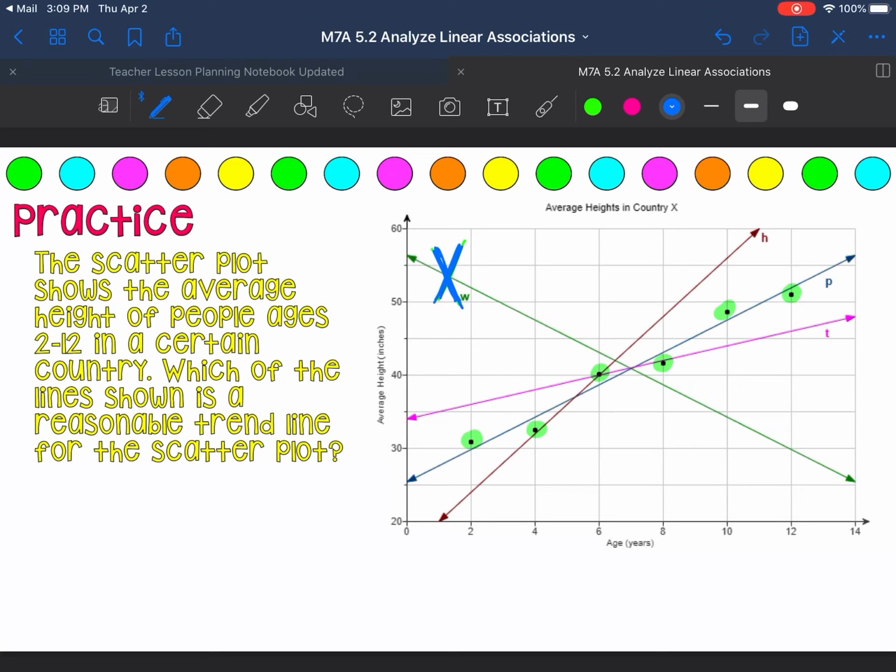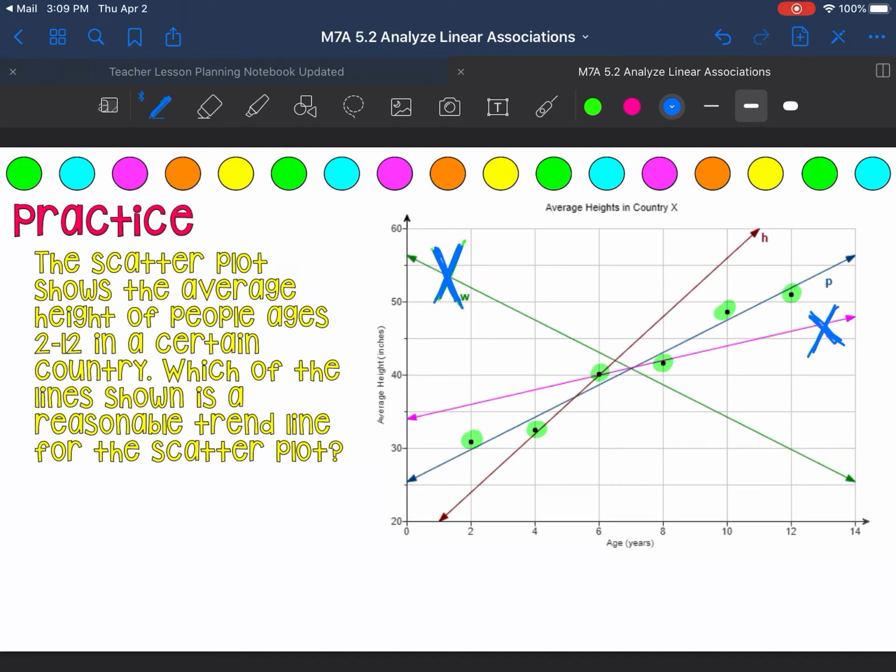So now let's take a look at H, P, and T. Let's first start with T, that bright pink line. Now, T goes close to 2 of the dots, but there's still 4 other dots that it doesn't come anywhere near. So because it doesn't come anywhere near those 4 other dots, I'm going to say that T would not be a good estimation for our trend line.